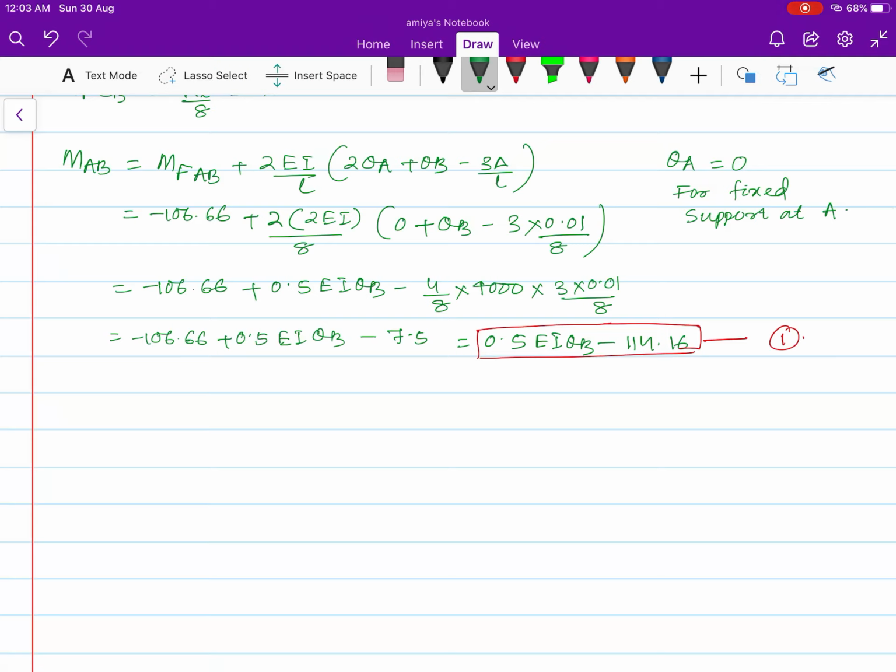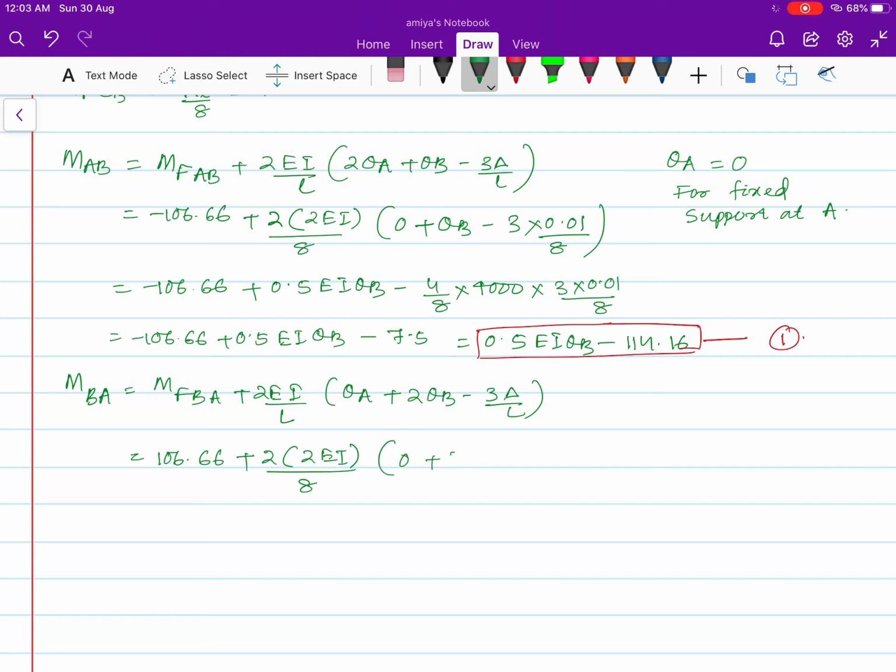Similarly, if I am calculating BA, so fixed end moment BA plus 2 EI by L, theta A plus 2 theta B minus 3 delta by L. So this is my positive 106.66, plus 2 EI by L where L is 8, theta A is 0, plus 2 theta B minus 3 into 0.01 divided by 8.